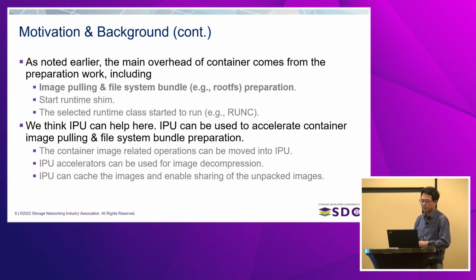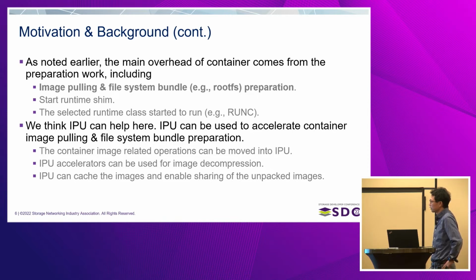To phrase it differently, there are a few steps which introduce a lot of overhead. One is image pulling and getting the file system bundle ready. Another is starting a runtime shim before the container can run.